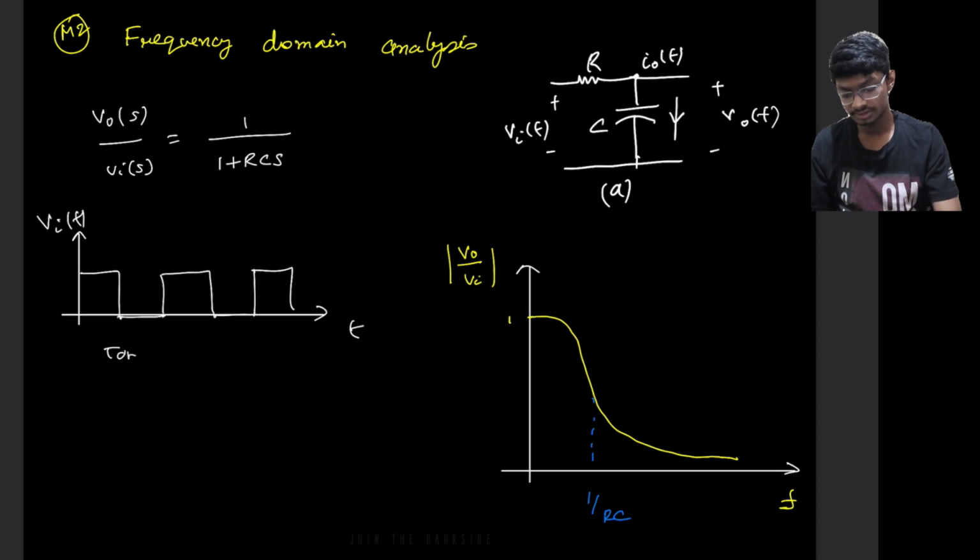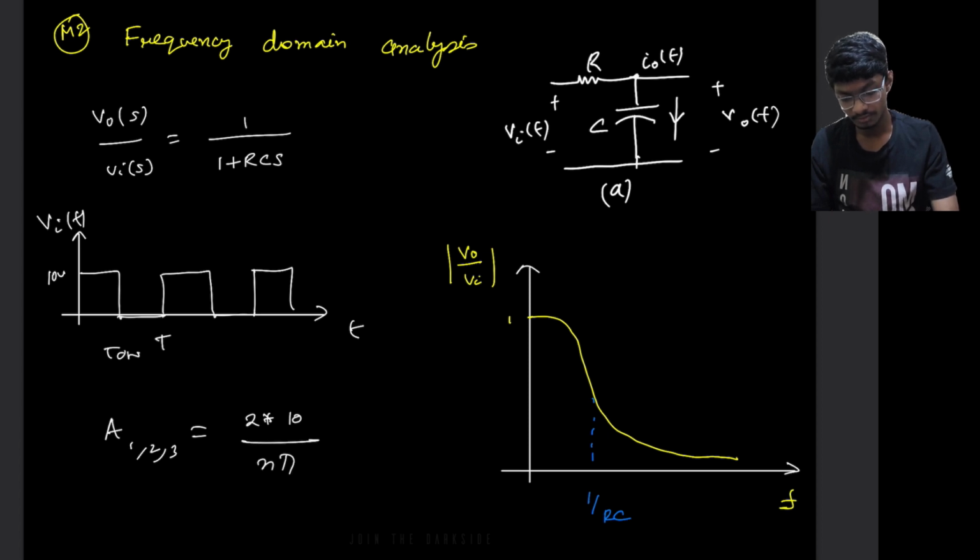We know that for a symmetrical square pulse, the coefficient of the Fourier series is inversely proportional to the harmonic frequency. So the coefficients a of 1, 2, 3 are something like this. It is basically 2 times 10 divided by n pi.